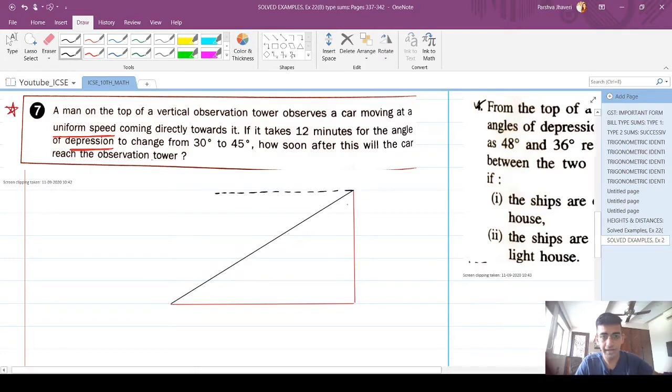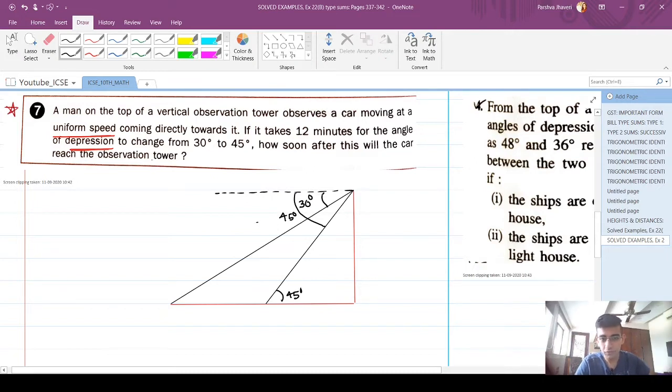And how did it look? Angle of depression, that's why it was 30 degrees. And then it changed to 45 degrees when the car reached over here. This is 45 degrees. Please don't measure it. I've done it with my free hand.